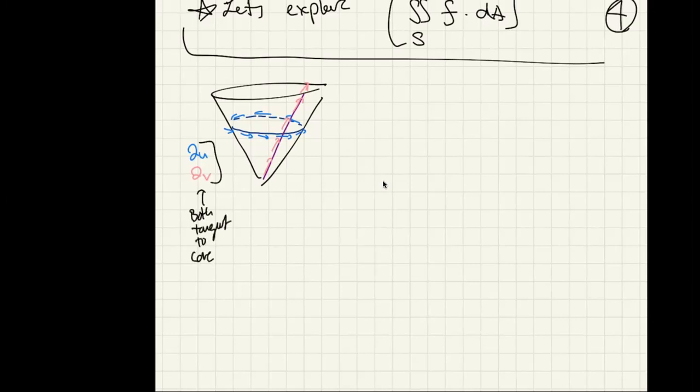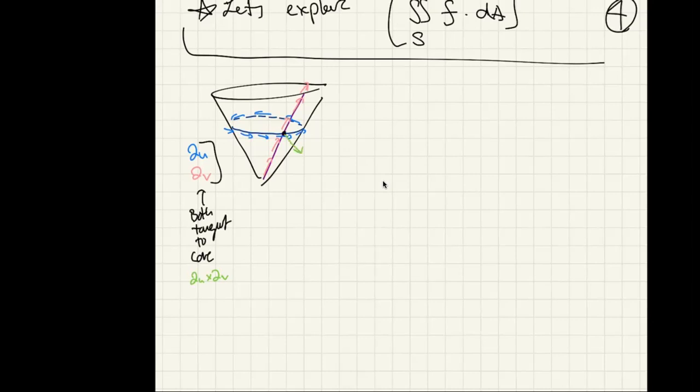And so if I took the cross product, partial u cross partial v is now going to be completely orthogonal to the cone. So at this spot, it's going to come outwards like this.